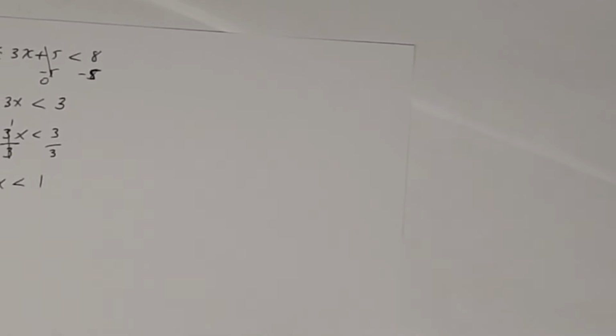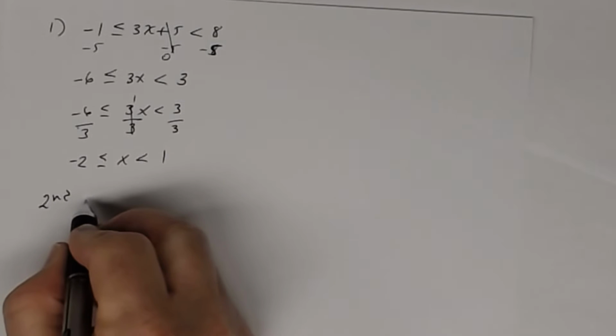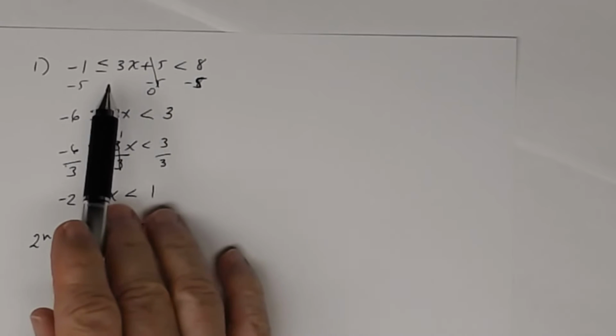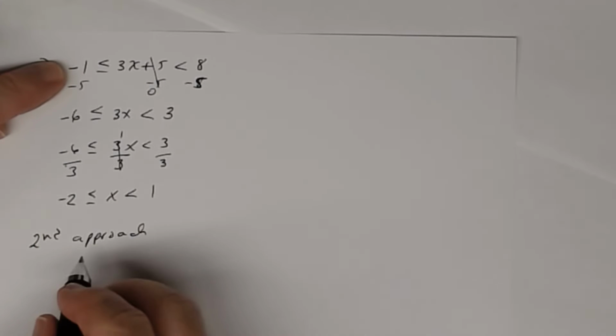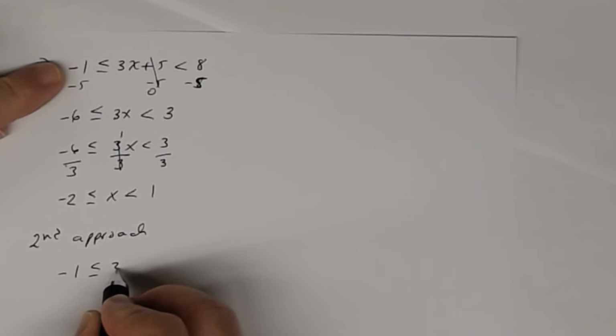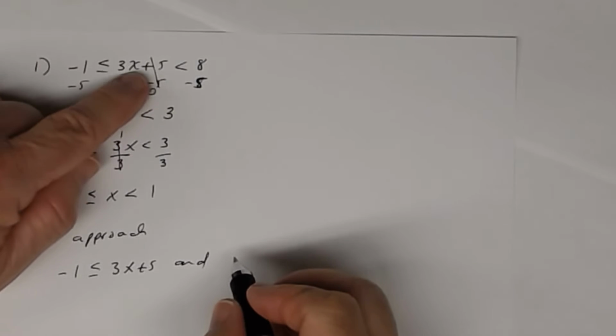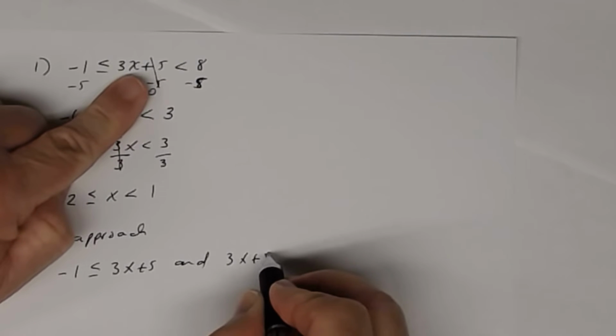Now what I want you to also notice is that we could have also used a second approach here. When we read this, we said -1 is less than or equal to 3x plus 5, and, notice I'm using the word and, 3x plus 5 has to also be less than 8.